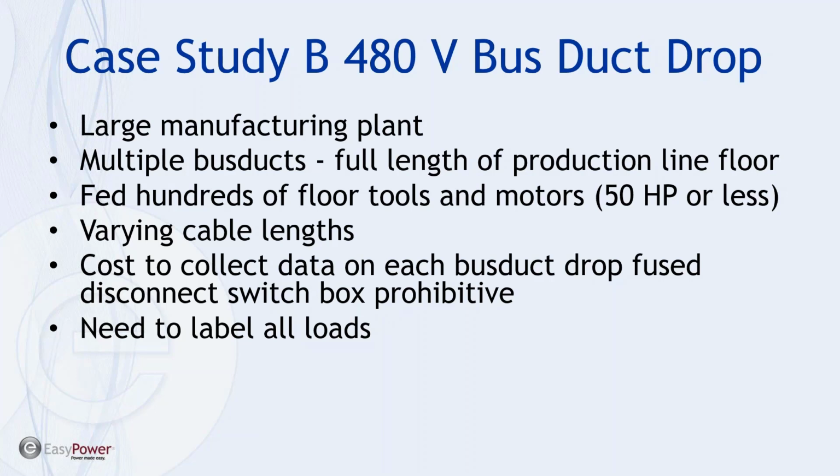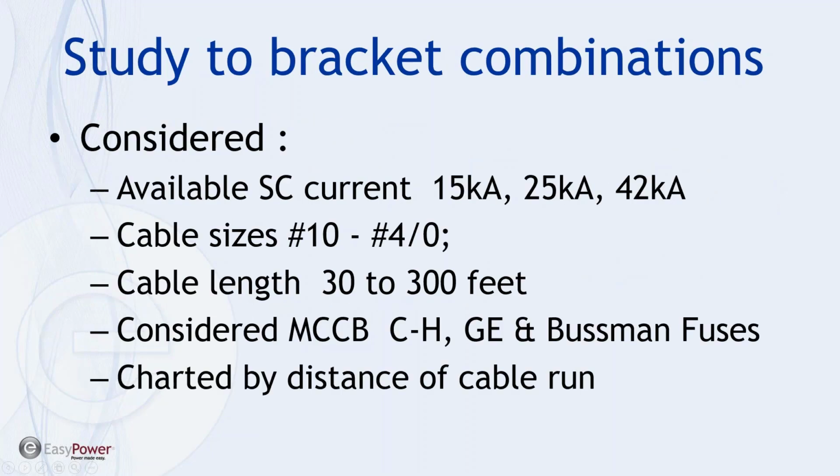So again, what the facility engineer did at this point is approach us and say, hey, is there some way we can look at the possible combinations of components that we have in the system and bracket what the worst case and best case arc flash would be?